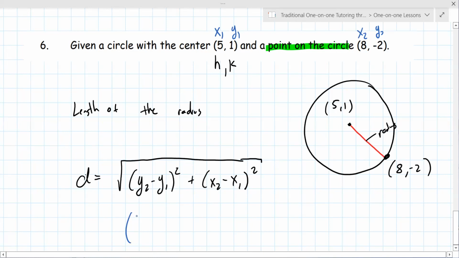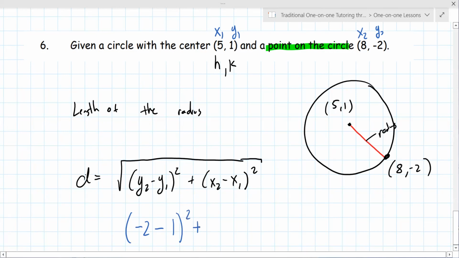What is the value of y2? That's going to be -2. -2 minus y1, that minus y1 squared.